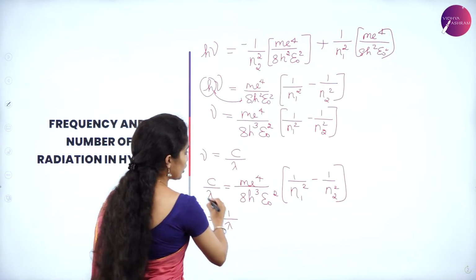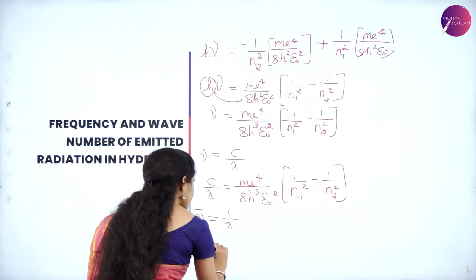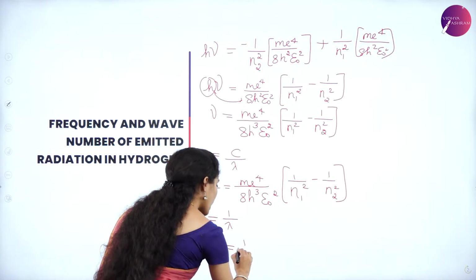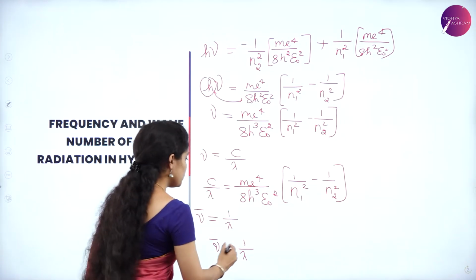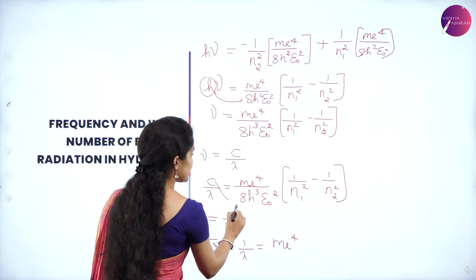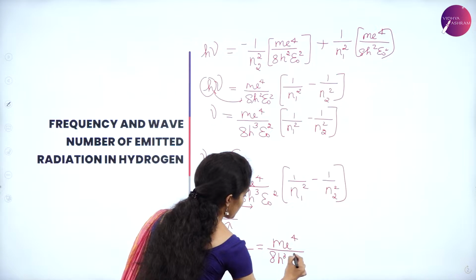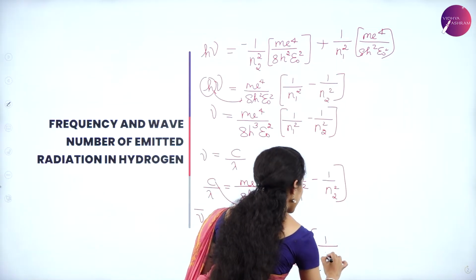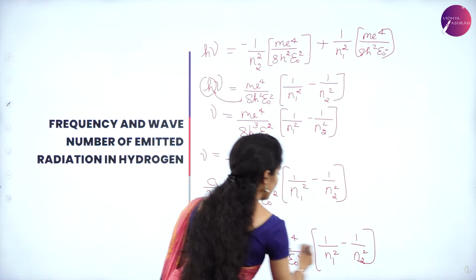So this last set of equations can be rewritten as nu dash is equal to 1 by lambda, which becomes M e to the power of 4, taking my c to the other side, divided by 8 h cube epsilon naught square into c and 1 by n1 square minus 1 by n2 square.